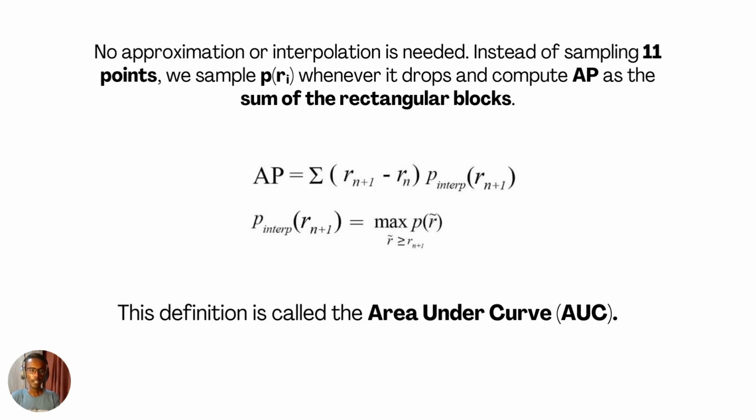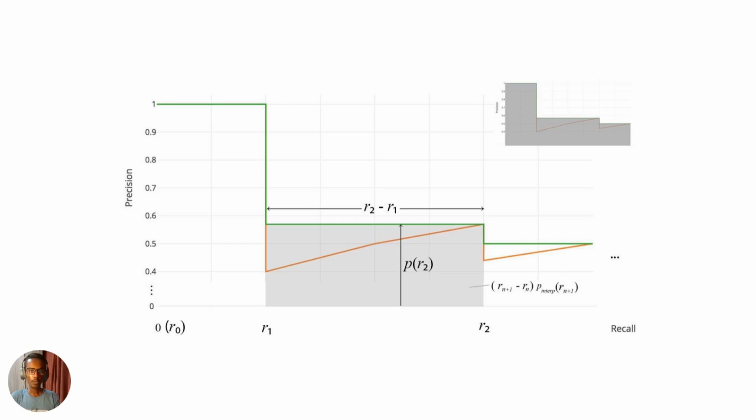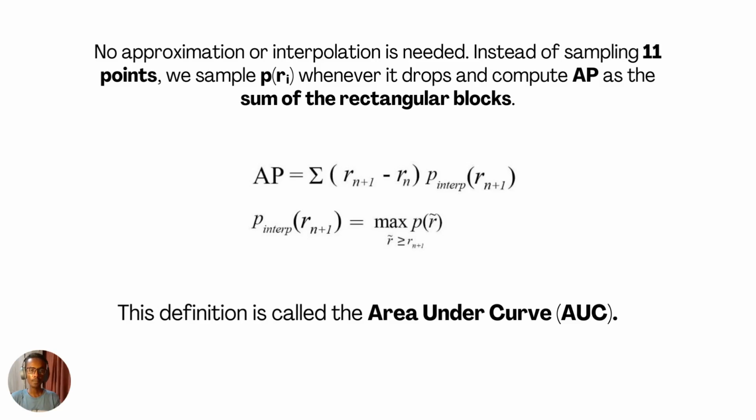Instead of sampling 11 points, we sample a lot of interpolated precision values whenever it drops, and we compute the average precision as the sum of the rectangular blocks. We compute the area of different rectangles in different sections of the graph, and then finally sum the areas of these rectangles. In this case we have 3 rectangles and we sum them together.